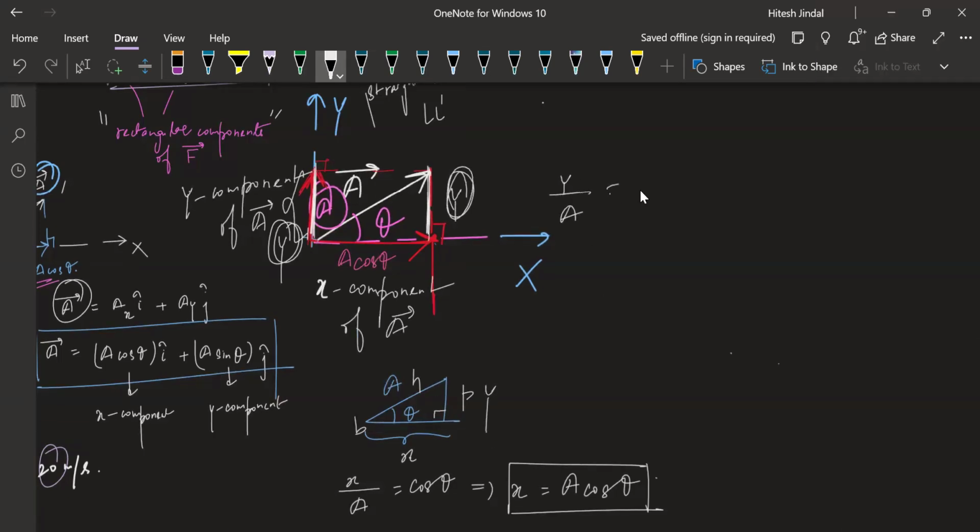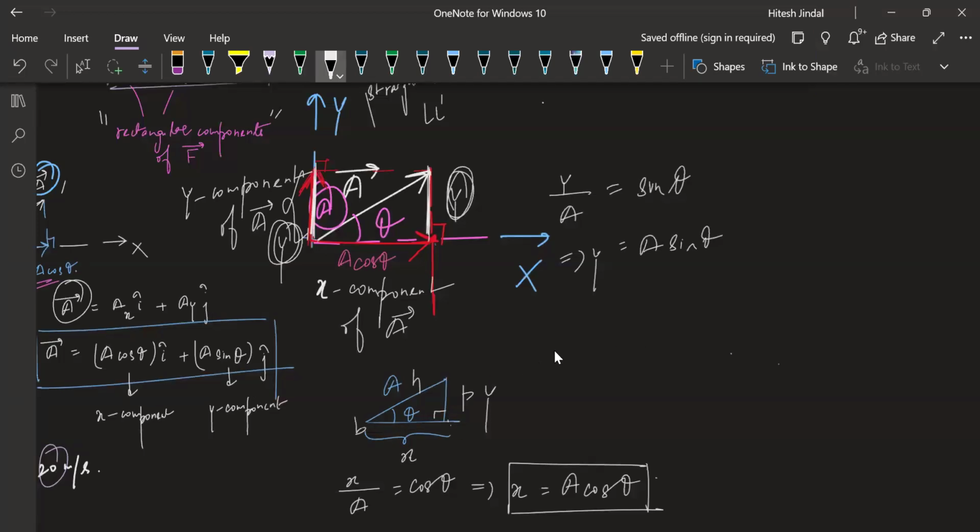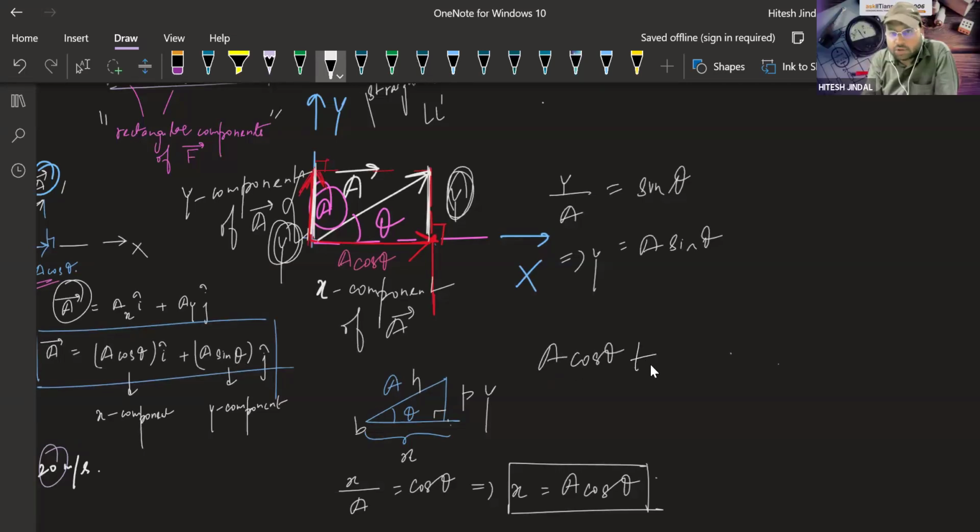Sir, I'm saying cos theta into tan theta. One second. This is sine theta. You are saying a cos theta into tan theta, right? Yes, sir, P upon B. A cos theta tan theta is also a sine theta, you see.